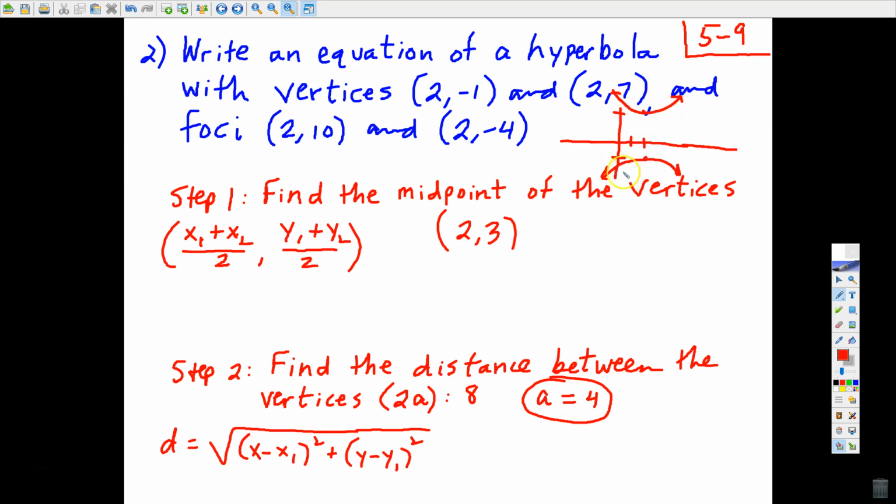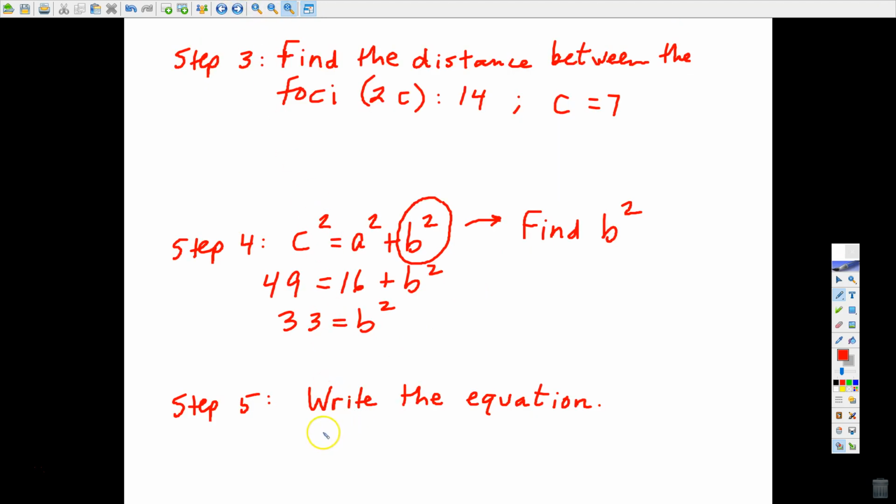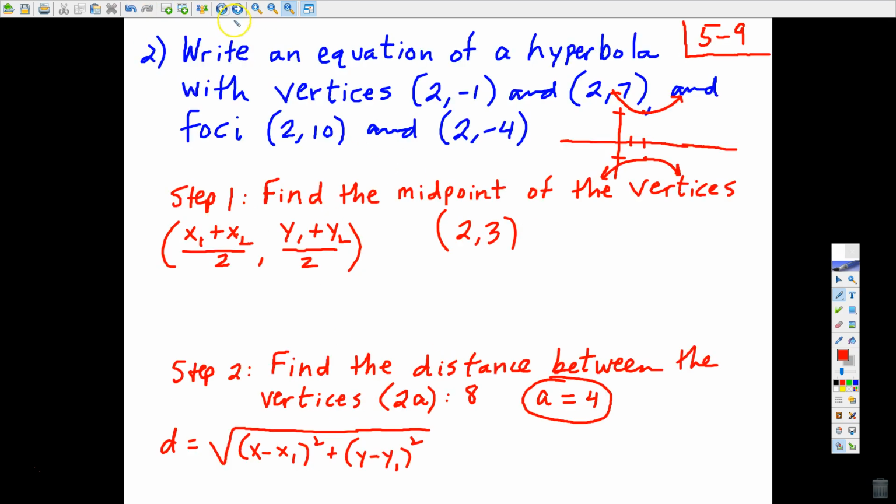Since my two branches open up and down opposite from each other, that means in my equation y squared must be in the lead. And we learned in class today that when I incorporate the center, this is the x-coordinate, this is the y. Be careful here.